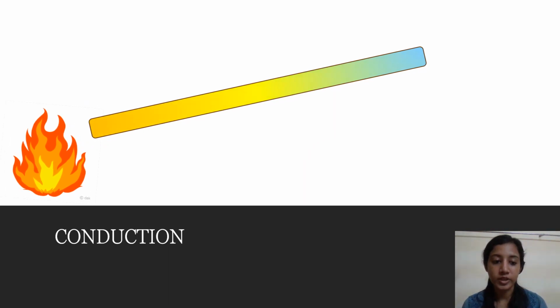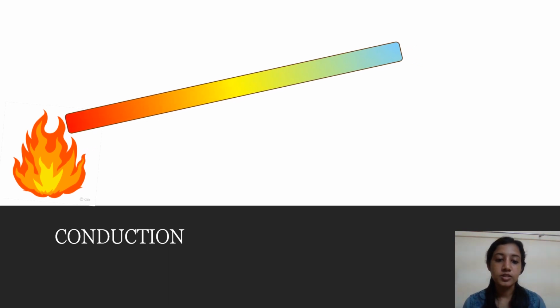Now, after a little more time, we will feel a little bit of warmth in our hands because, as you can see here, the heat is flowing towards us. If we are holding here, our hand will feel a small warmth because the heat from this end travels to this end.